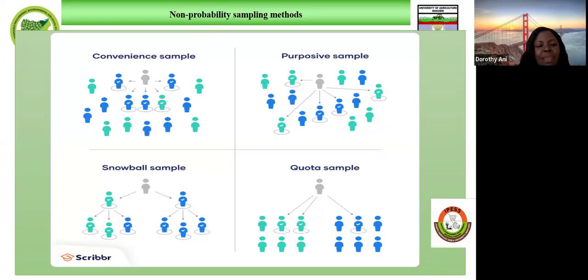Here we have 4 types: convenience, purposive, snowball, and quota sampling. So you can see from my pictures, in convenience sampling, this is the researcher, the one in ash color standing there. You just sample those that are convenient, those that you can reach easily.